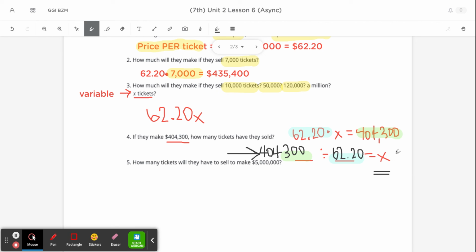And you can always check your work to make sure that whatever you get here multiplied by 62.20 is actually 404,300. And the same exact steps we used for question 4, you can use to do question 5. How many tickets will they have to sell to make $5 million? Same exact steps that we used here will help you. So go ahead and pause this video and finish this page. Come back when you're done.